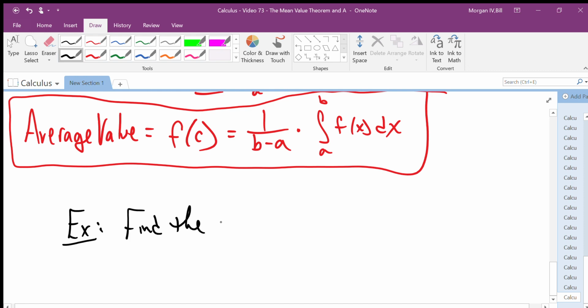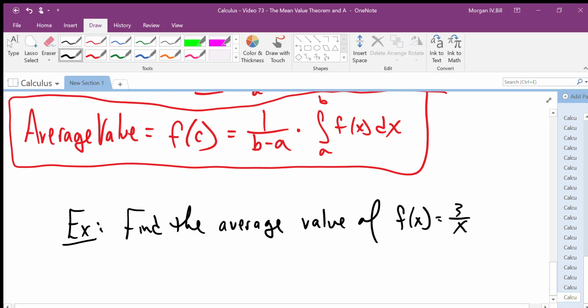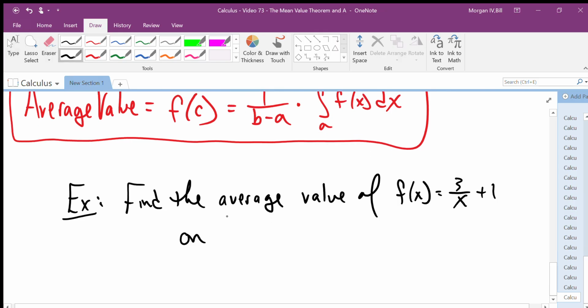So for example, find the average value of f of x equals 3 over x plus 1 on the interval 1 to 6.